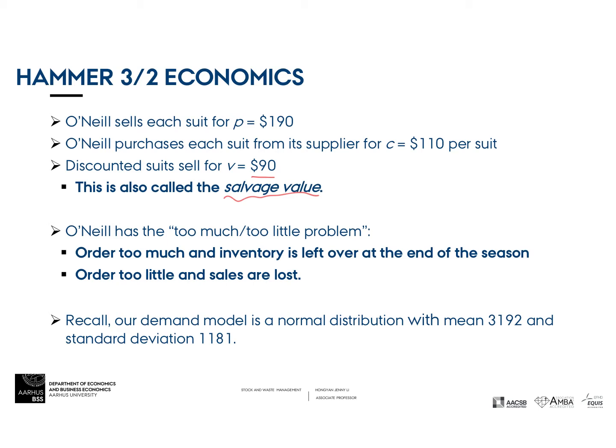And then O'Neill, this company, has a too much or too little problem. If you order too much, inventory is left over at the end of the selling season, which will cause a salvage value. If you order too little, sales are lost, so this is a lost sales problem.